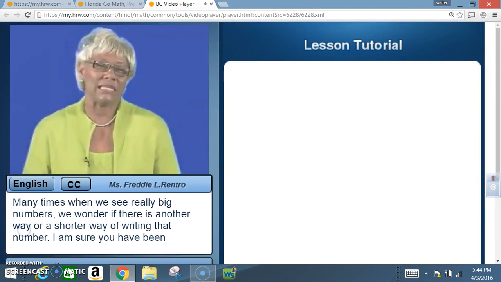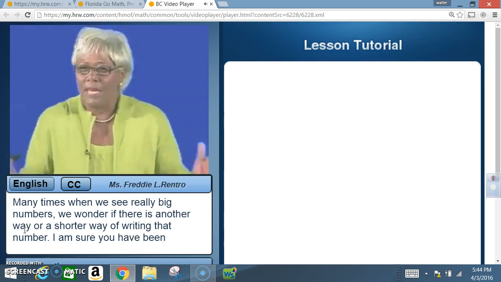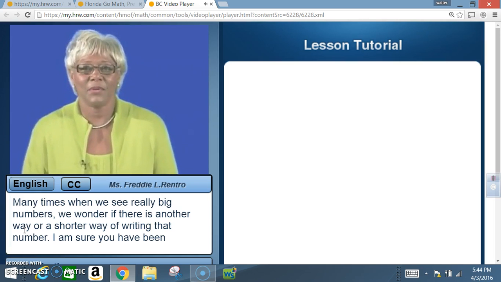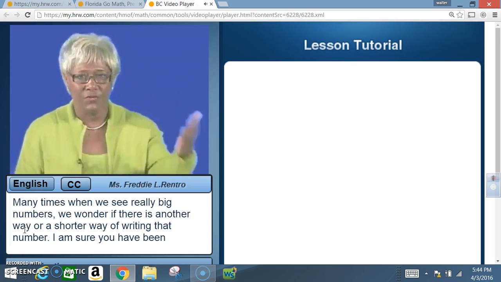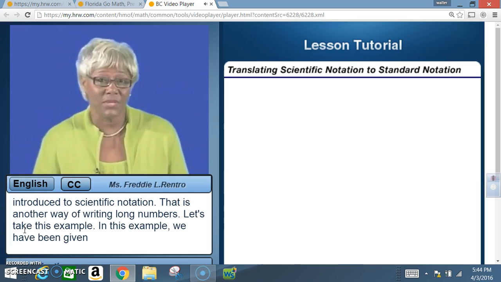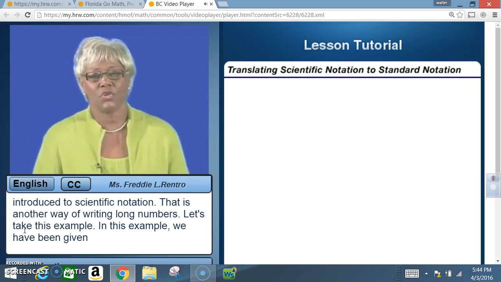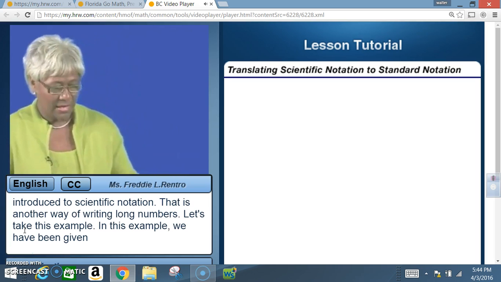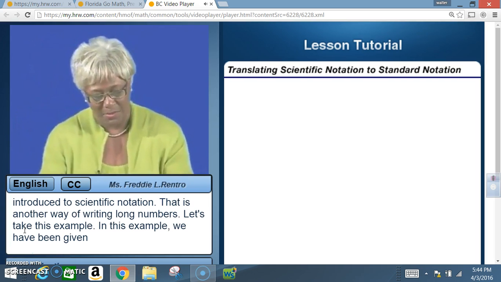Many times when we see real big numbers, we kind of wonder, is there another way, a shorter way of writing that number? And I'm sure you've been introduced to scientific notation. That is a shorter way of writing really large numbers. Let's take this example.